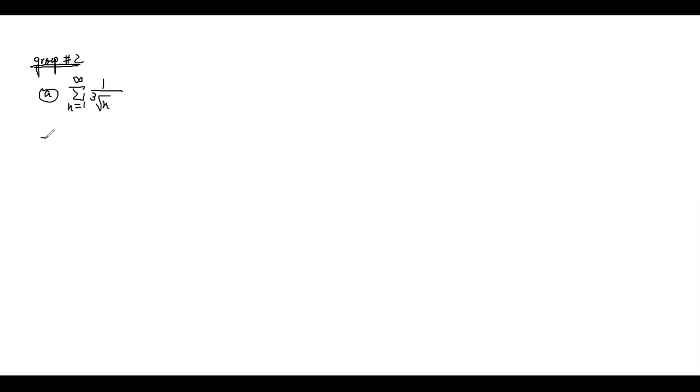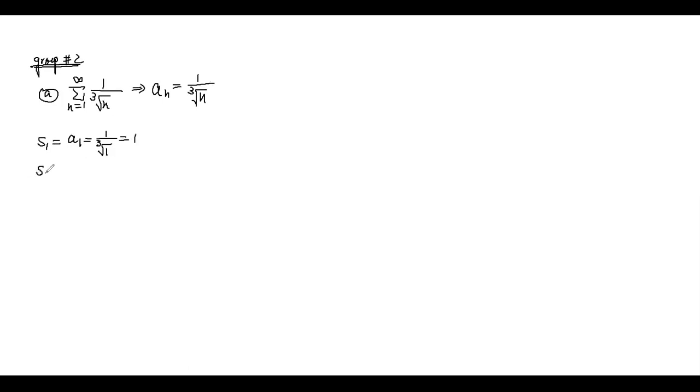Now S1, that means what? You just add the first term. So here we can say a_n is equal to 1 over the cube root of n. So a_1 is 1 over the cube root of 1, so it's 1.